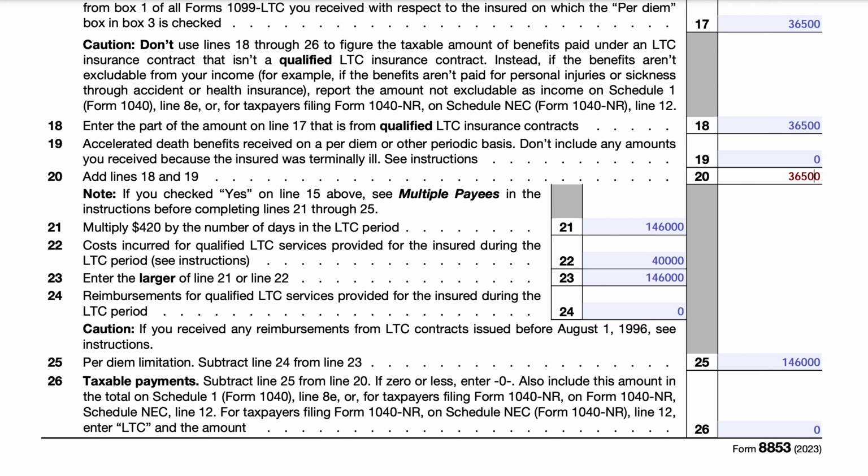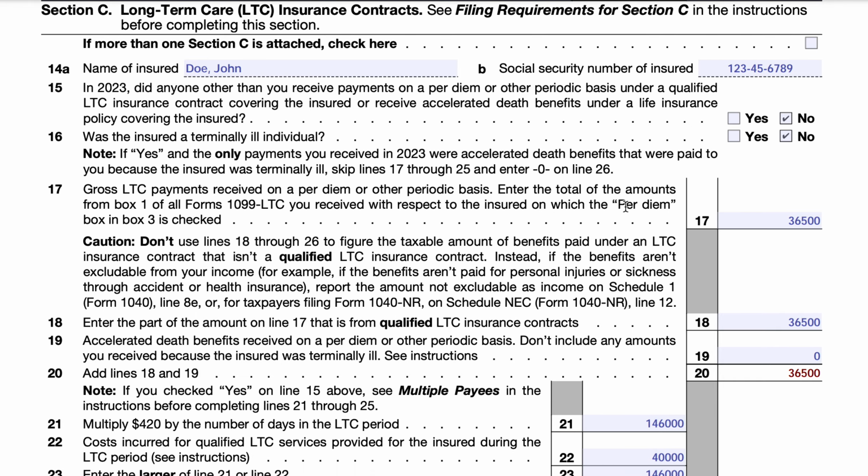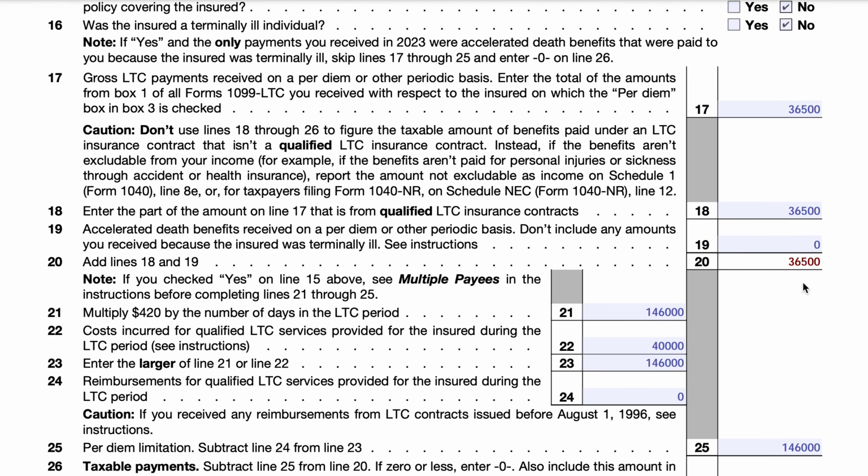Let's say that John Doe had a lot of money in his long-term care insurance contract. He got grandfathered under a contract that pays him $500 a day. It's pretty rare, but let's just imagine that he did all of that. And so now, let's say that he actually spent $150,000 on that care, and we're entering that number here.